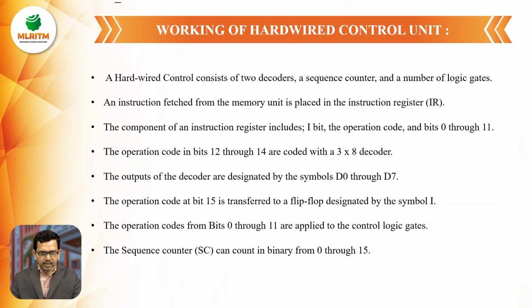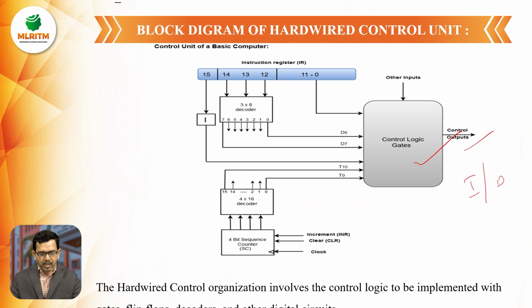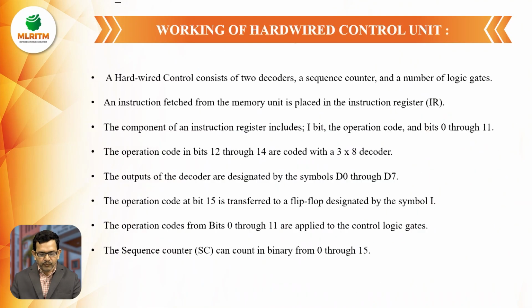The first point: the hardware control unit consists of two decoders. If you go back and see how the hardware logic is implemented, we see here a 4x16 decoder and another one, a 3x8 decoder.